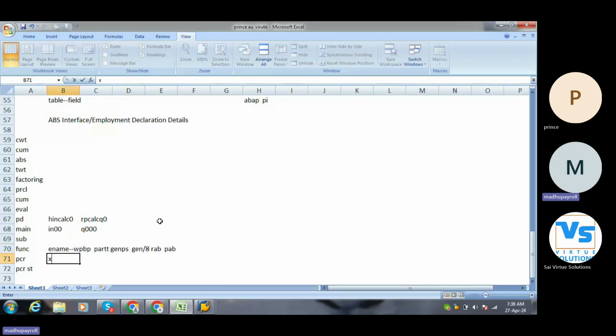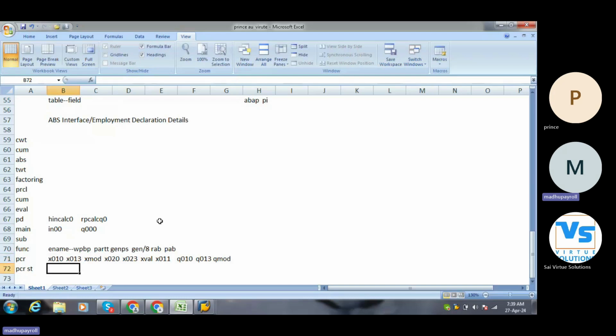And coming to the PCR: X010, X013, XMBOD, X020, X023, XVAL, and RLs X011. But in Australian payroll, in place of X you can add Q: Q010, Q013, QMBOD.